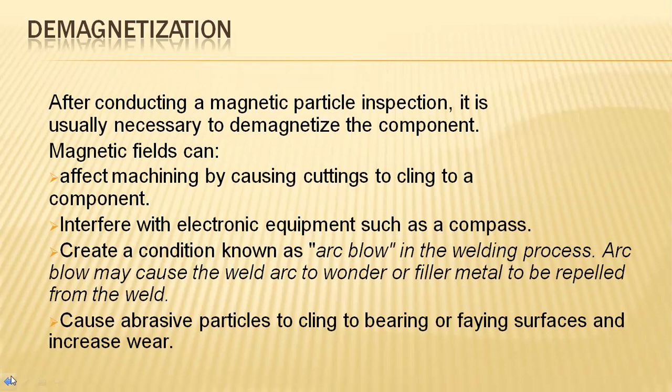Magnetization leads to different variations in the compass levels, with the field existing at a particular frequency level on the object, and interference with electronic equipment will lead to malfunctioning if the object has not been demagnetized after completing the inspection process.